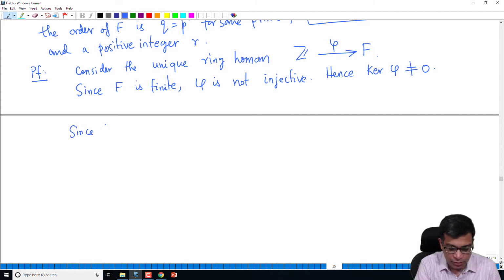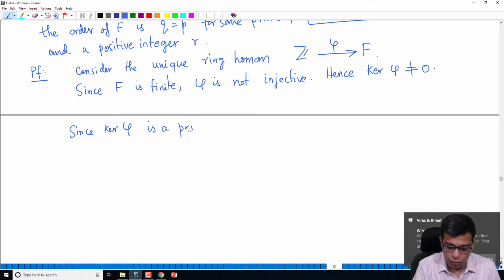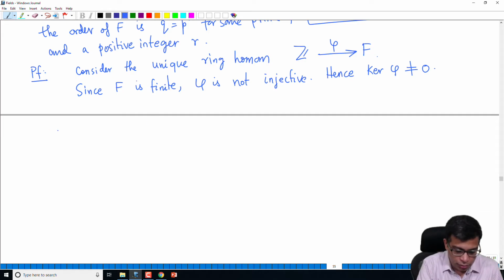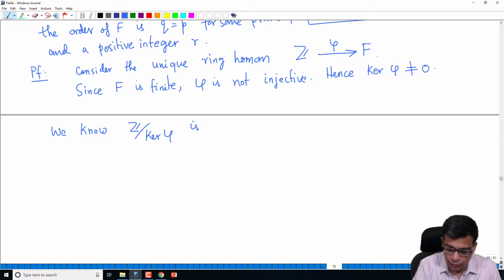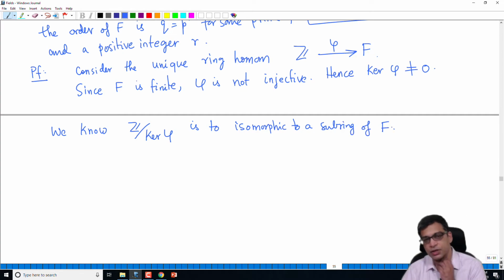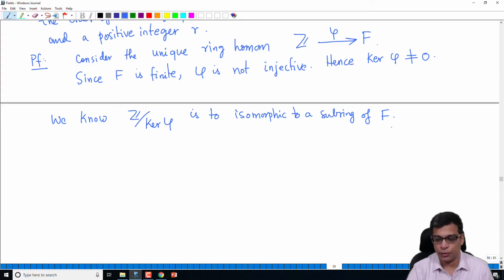Since kernel of phi is a prime, so note that we know Z mod kernel phi is isomorphic to a subring of F. That is the first isomorphism theorem, right?